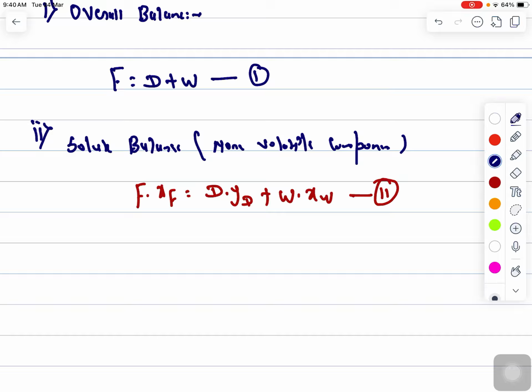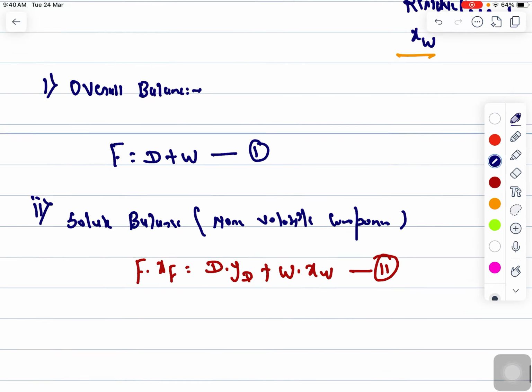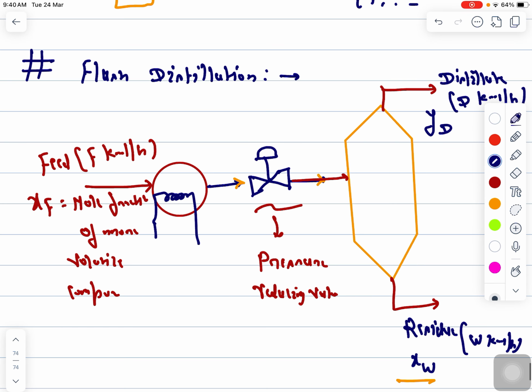Is that clear? Now next, I am coming to the actual distillation unit, and the actual distillation unit will also look like that, but the process here was flash distillation. Basically you heat the feed, preheating of the feed is there, and then you subject the feed to the pressure reducing valve, and due to the reduction in pressure the feed will get flash vaporized.